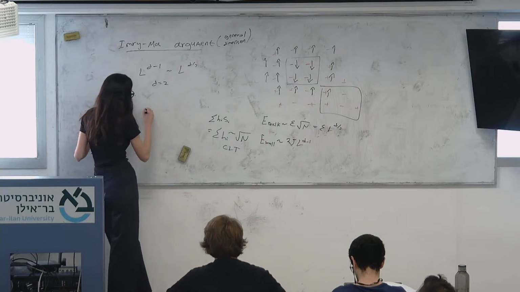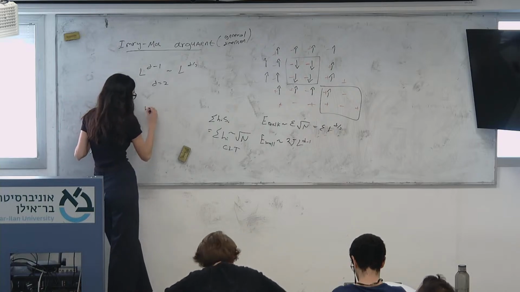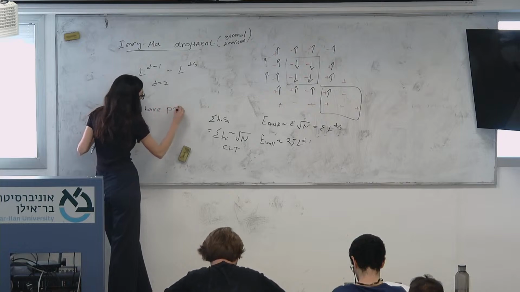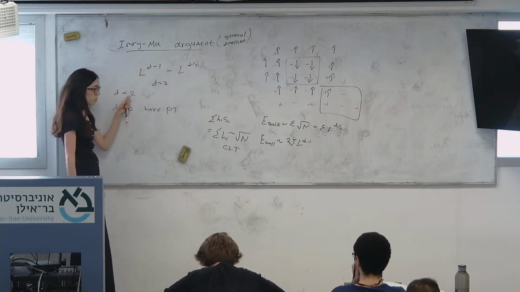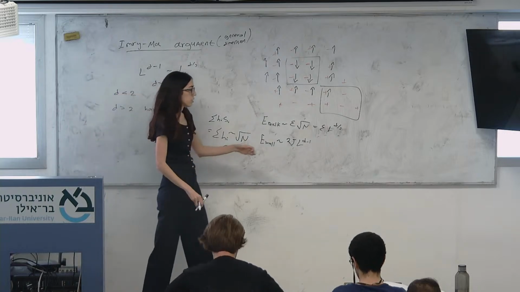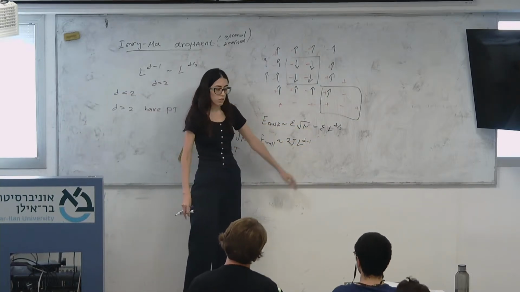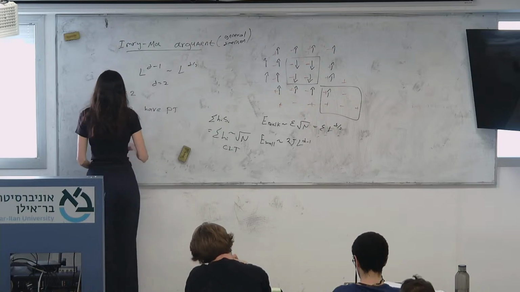For d smaller than 2, the energy of the bulk will overcome the energy of the wall, and we're not going to have a phase transition.